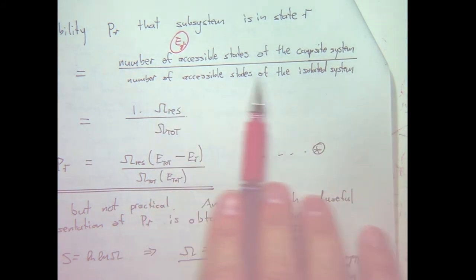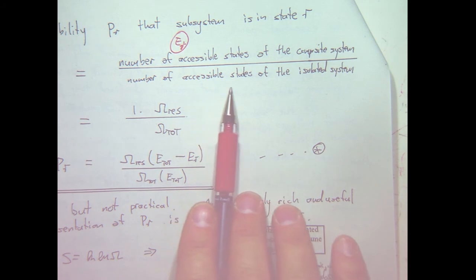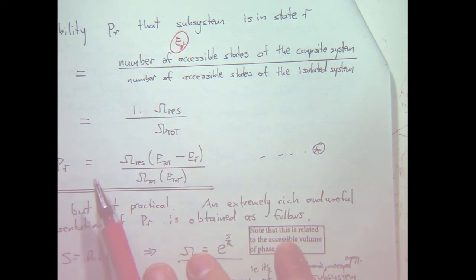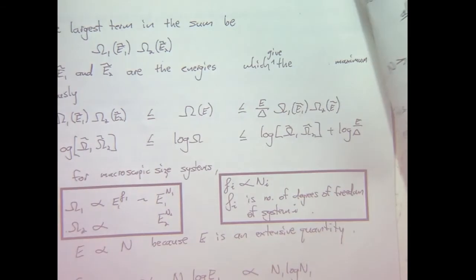That's a sum over all products of omega for all possible energy distributions. That bit there you'll understand better after you read the page that I suggested you read by yourself.